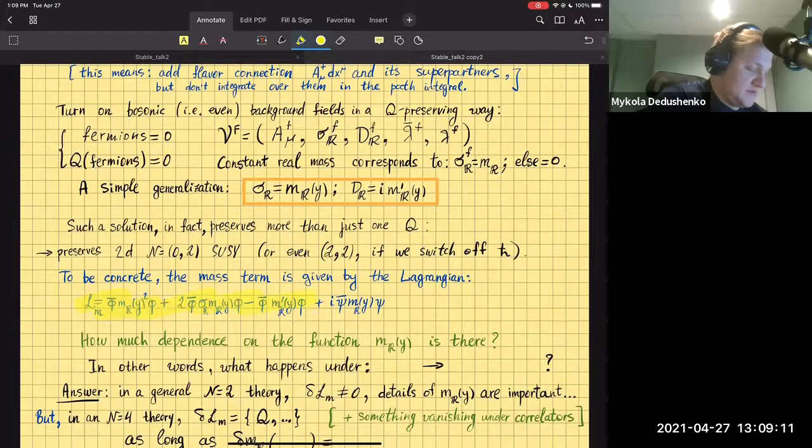It's exactly this, where φ is a complex scalar field, what was called a chiral multiplet, so it's some matter field, and there's a mass term for it. There are also superpartners that are fermions, and the mass term looks like this. And then there's this correction due to the position-dependent mass.